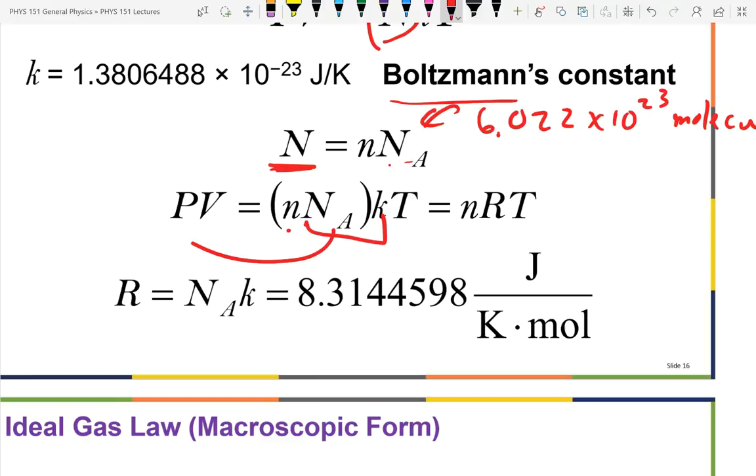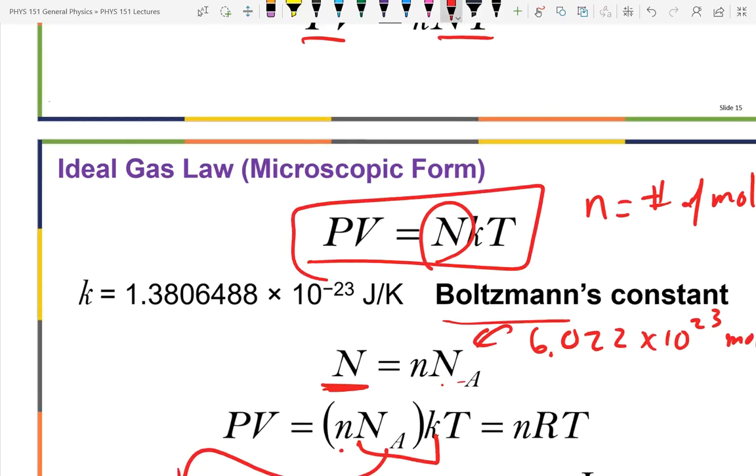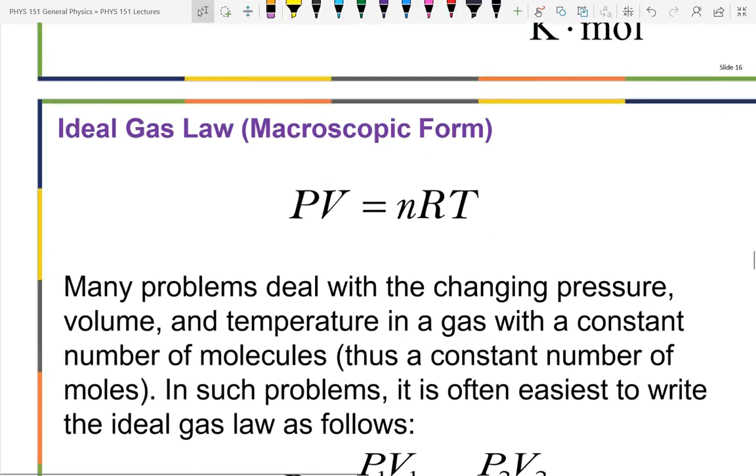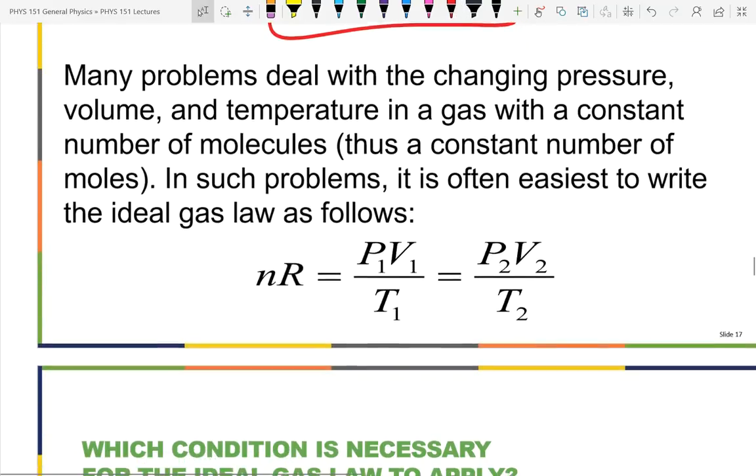We just give it a new constant, the ideal gas constant, R. And so the microscopic form of the ideal gas law is PV equals NkT. The macroscopic form is PV equals nRT. It sounds the same when you say it out loud, but when you write it, capital N is the number of molecules, lowercase n is the number of moles. And that's why they're the same relationship.